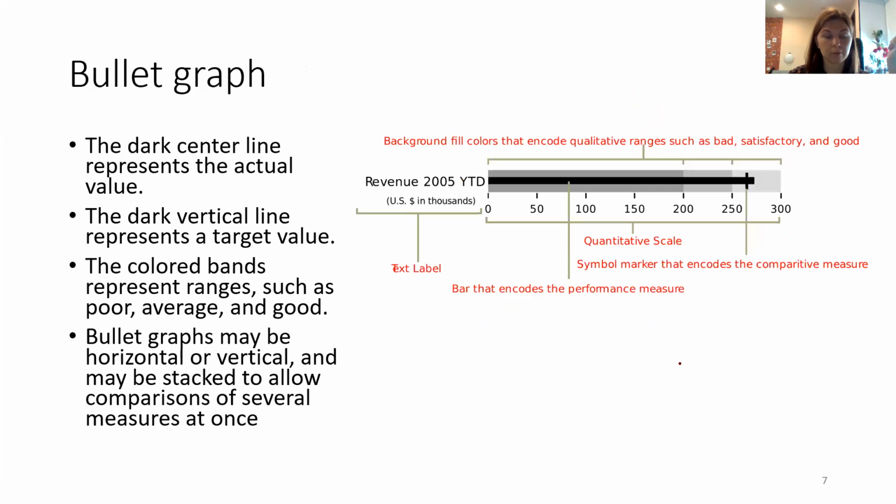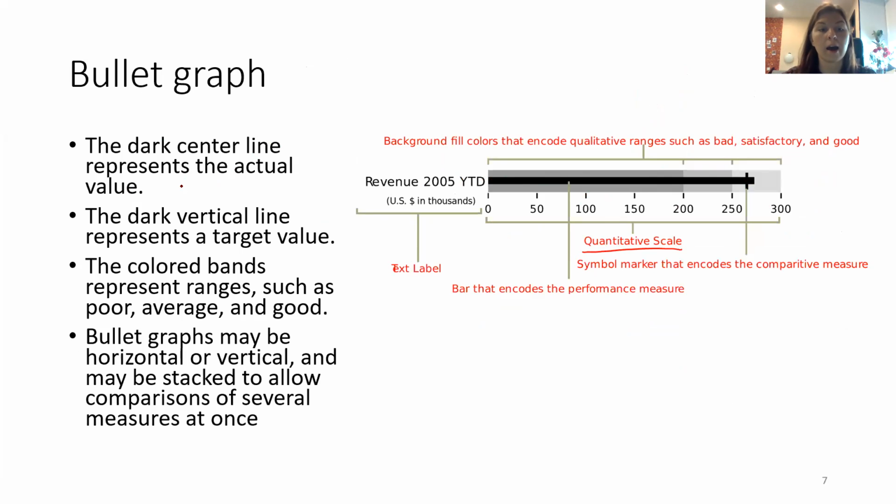A few words about the bullet chart or bullet graph. It's an interesting approach to visualize your data when you have some quantitative scale. You have your actual value, the dark center line.